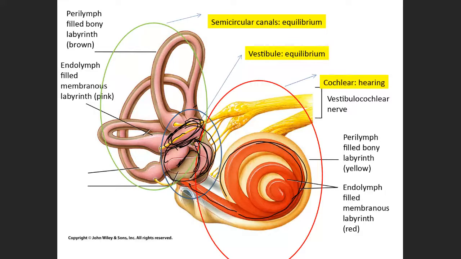The nerve that is going to carry information about all of these receptors are going to be 2 nerves, actually. One is called the vestibular nerve. The other one is going to be called the cochlear nerve. And when both these nerves exit together from the inner ear, they come together into the vestibulocochlear nerve, which is cranial nerve number 8.